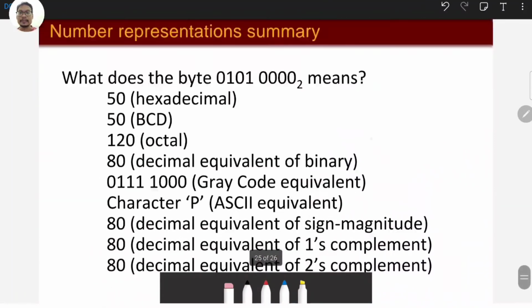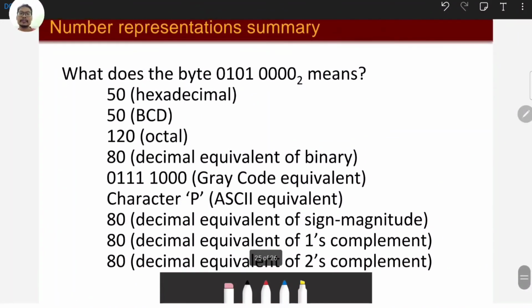Just as a summary on the number systems. Given an 8-bit number, a byte, 01010000, it can mean a few different things depending on how you want to represent the bits. As I mentioned, the computer only understands 0s and 1s, and it's up to us how we want to represent what the binary numbers mean.